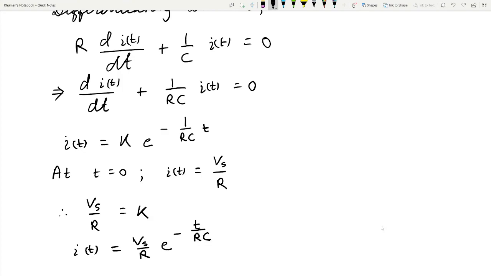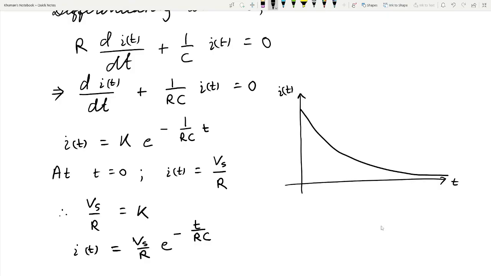Okay, if we draw this circuit response of i versus t, this is t, this is i. This plot will look like this. Okay, and this value is Vs by R.